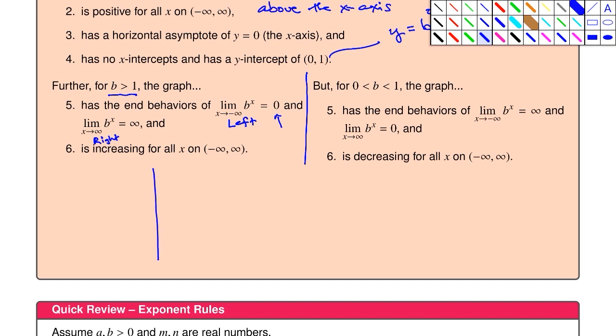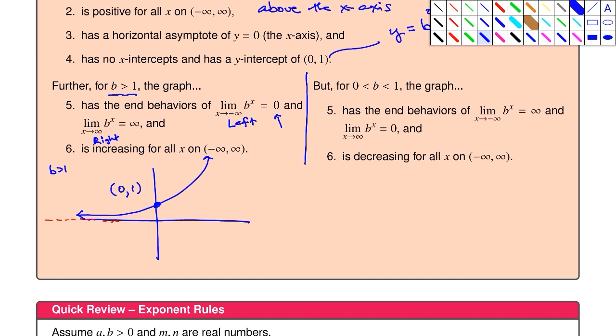Property 6 says it's increasing for all x. So if b is greater than 1, then the graph looks something like this. It goes through (0, 1). It has a horizontal asymptote on the left side, getting closer and closer to the x-axis as you go further to the left, but on the right side, it increases to infinity.